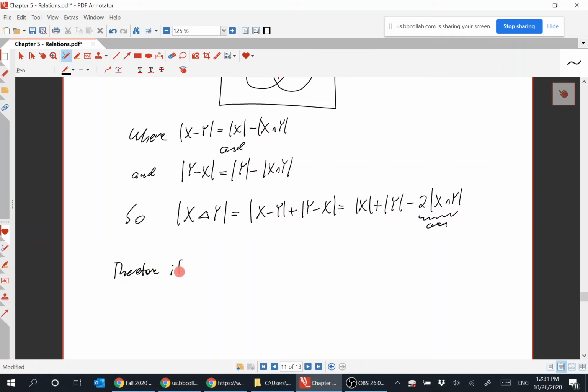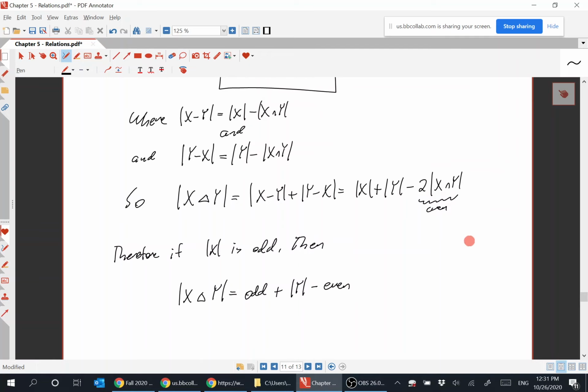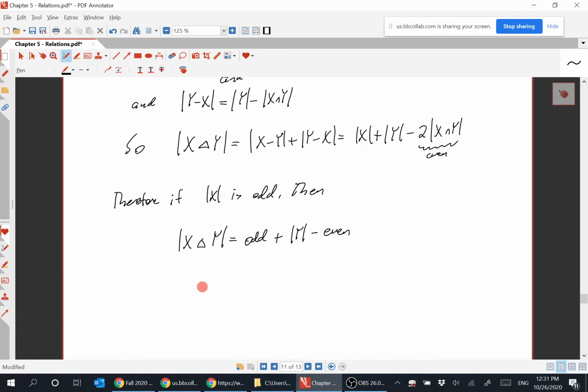if the order of X is odd, then the order of X symmetric difference Y is equal to an odd number plus the order of Y minus an even number, which is even if and only if what? The order of Y is odd.